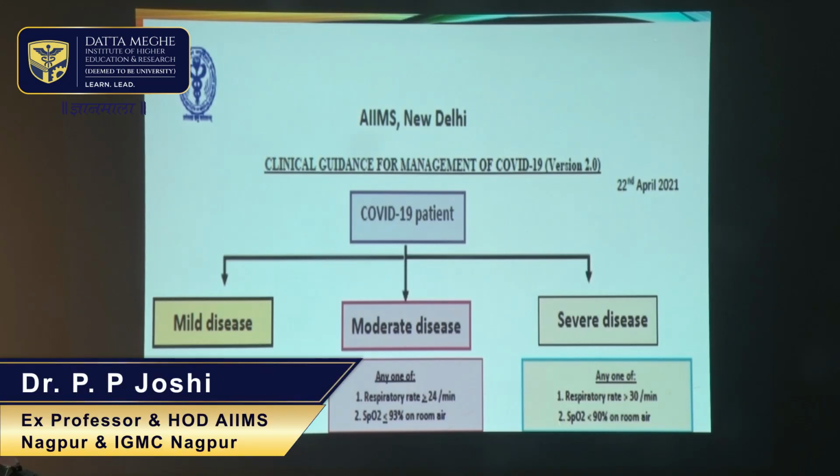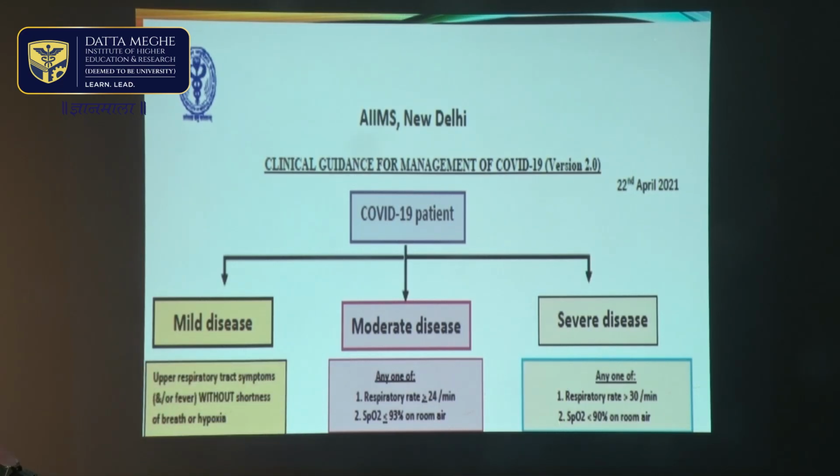But in moderate disease, tachypnea is there, with respiratory rate increased to 24, and SpO2 is less than or equal to 93%, or between 93 to 90%. And that is moderate disease. And severe disease is when the respiratory rate increases more than 30 per minute, and the SpO2 is less than 90.